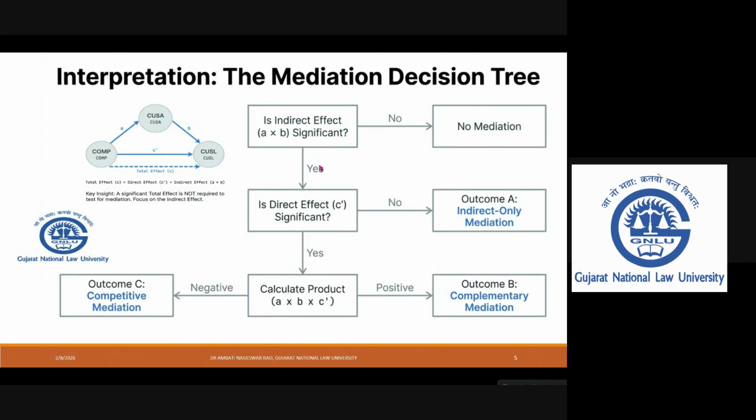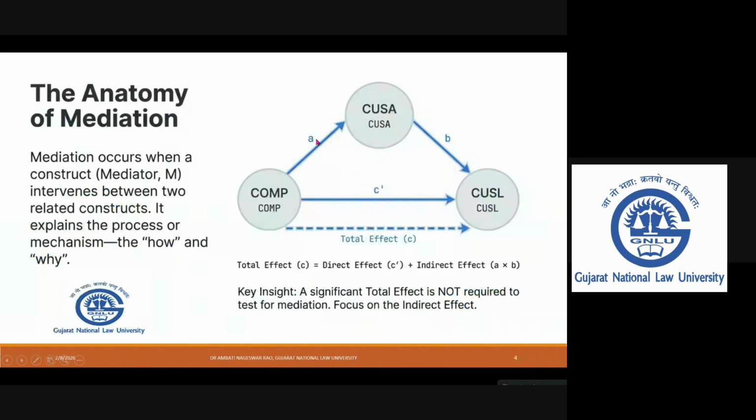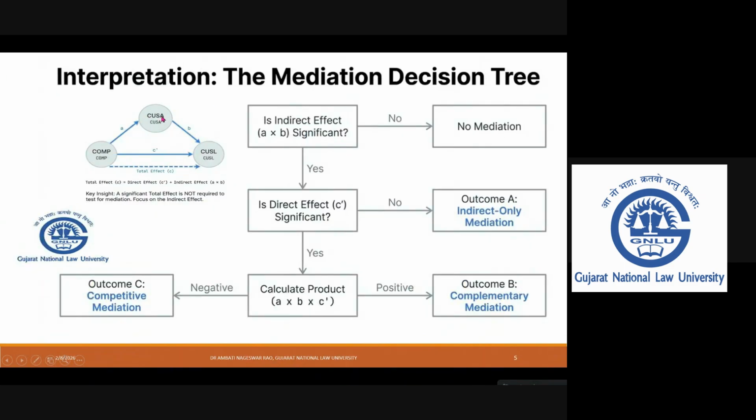When it comes to the interpretation part, is the indirect effect significant? Here we check whether the indirect effect has any kind of significance. If yes, then the mediator is playing an important role. If this particular value is not significant, then we say there is no mediation.